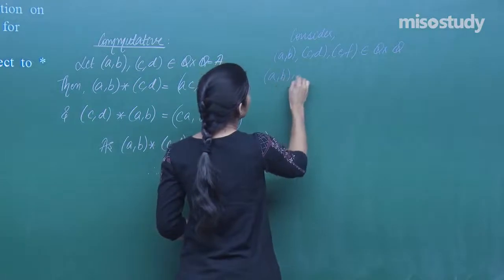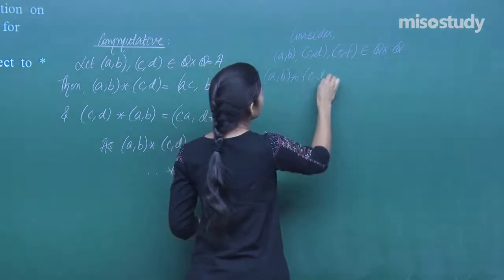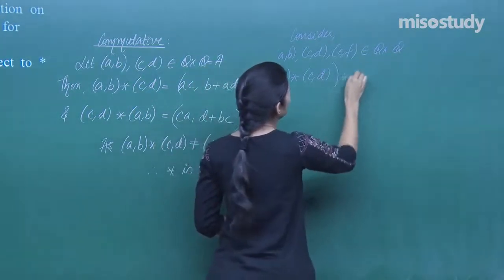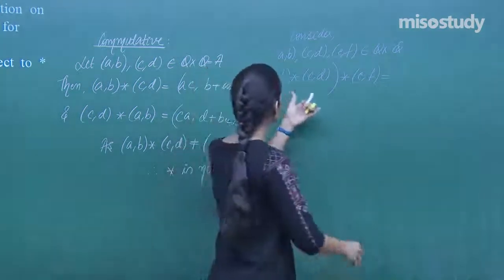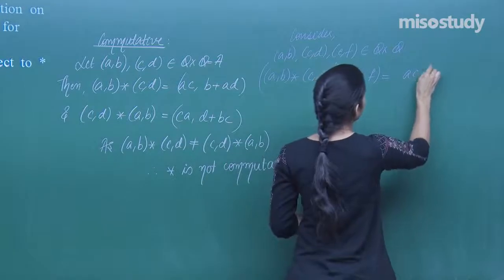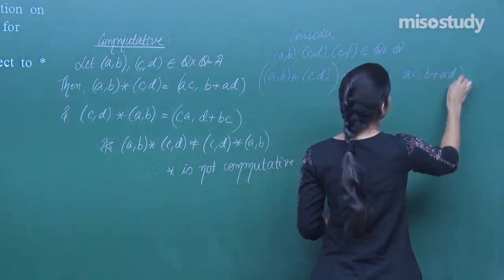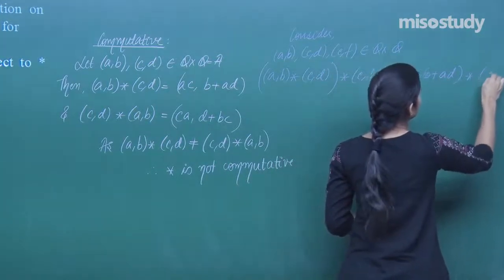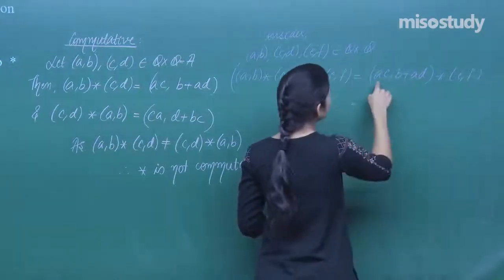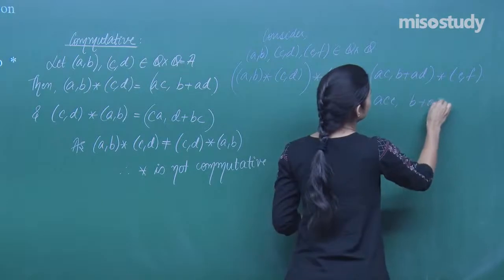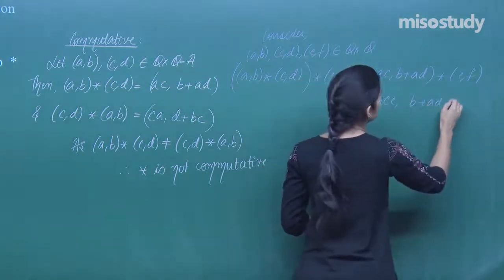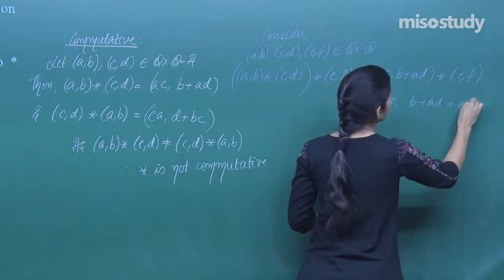(A, B) star (C, D) whole star (E, F). If you consider this, what do you get? This gives you (AC, B + AD) star (E, F). This gives you (ACE, B + AD + ACF).